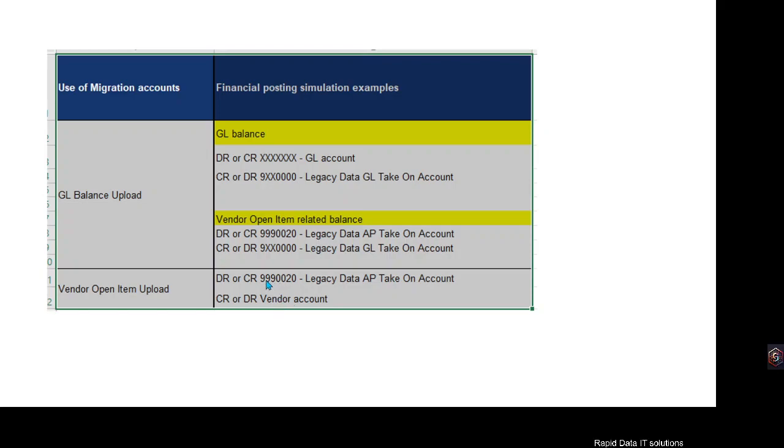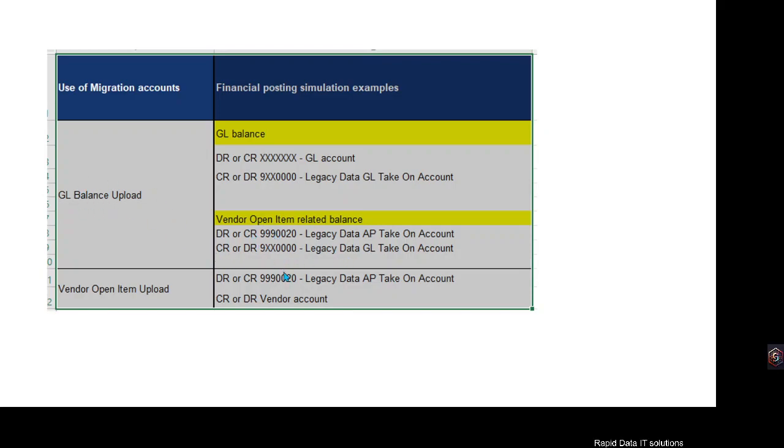On the offset side, if they're under the same profit center and same company code, there could be one line, but it has to be summarized at least at the company code and profit center level. This one will be the offset, and it will cancel out the balance which has been migrated at this level from the GL balance upload.